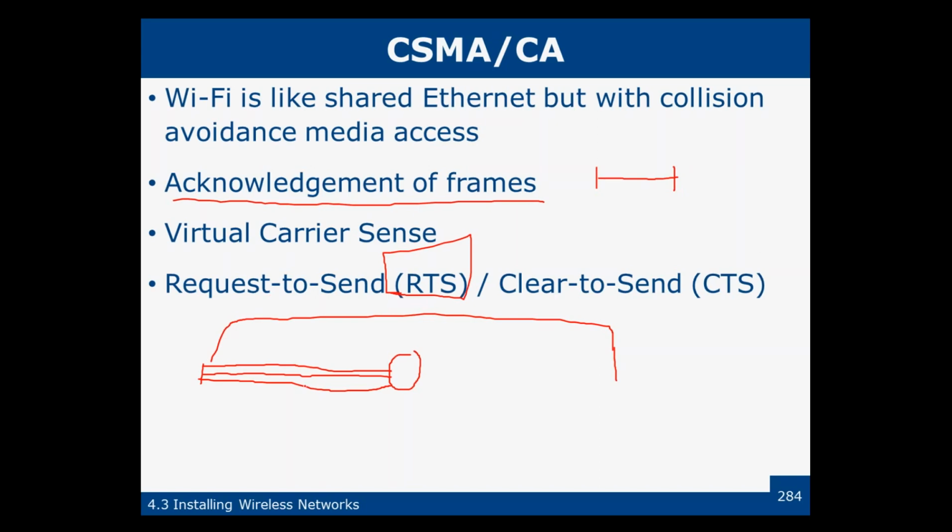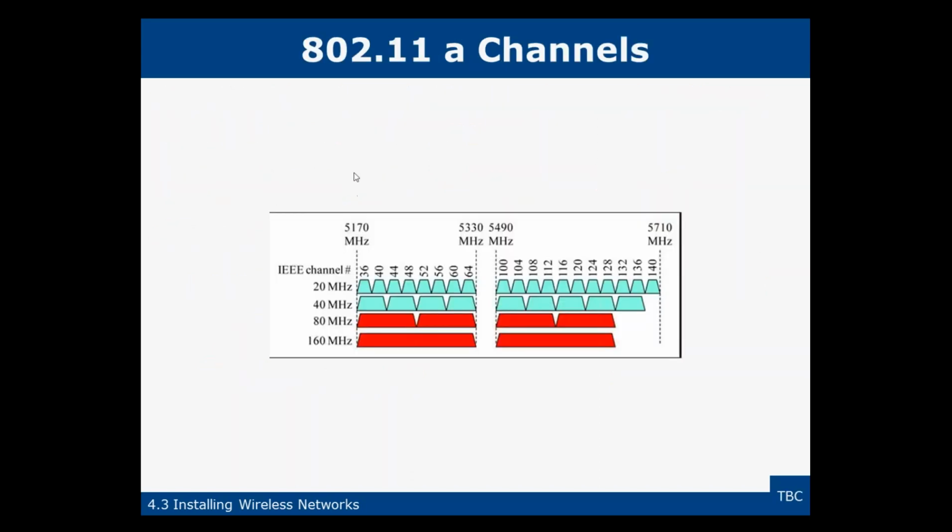All of these things tend to make wireless a little more accurate, but also much slower because we can't send a lot of data at the same time, and you have to go through that request to send and clear to send in order to get data on the media in the RF spectrum.